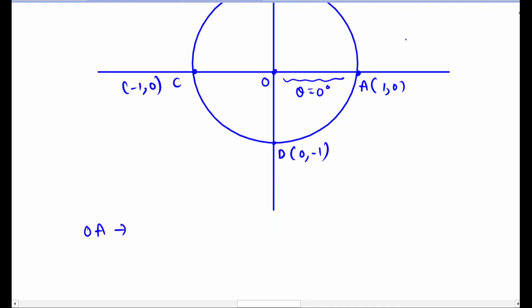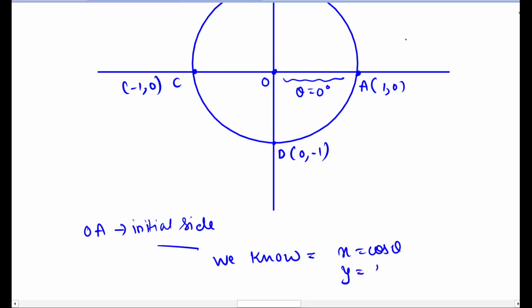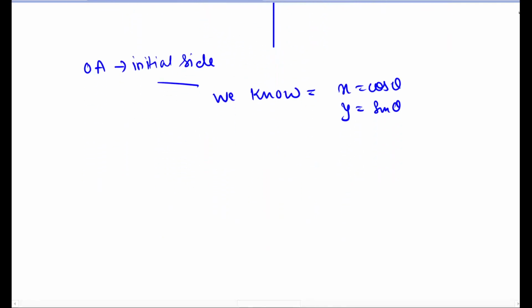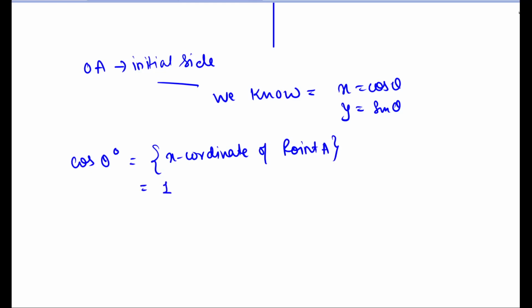So for OA as initial side, we know x is equal to cos theta and y is equal to sine theta. So now, when theta is 0, cos 0 is the x coordinate of point A. So cos 0 is 1.